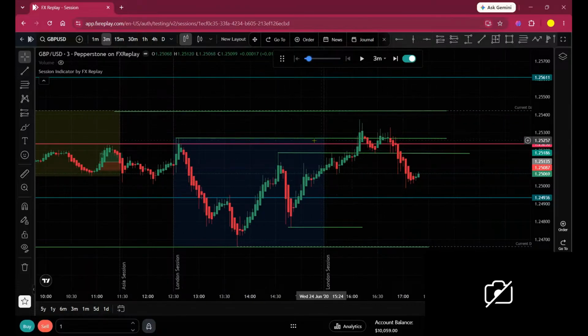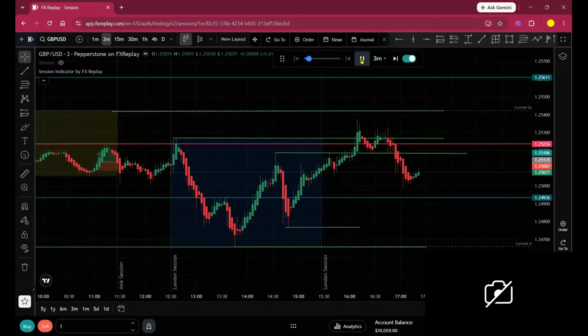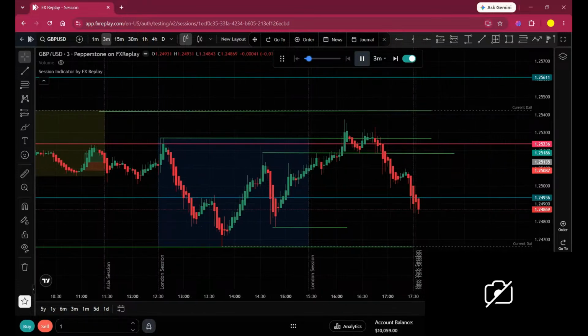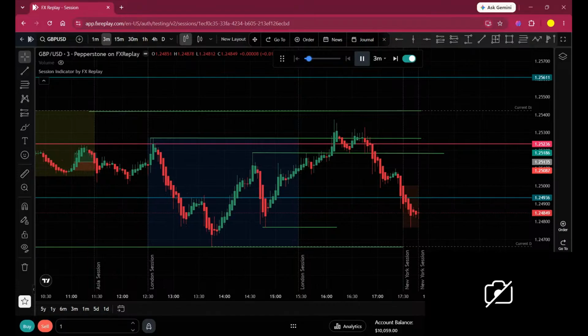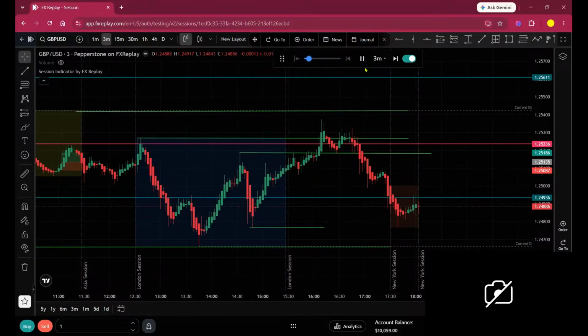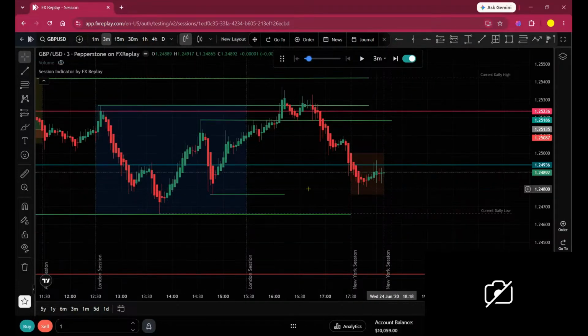Market swept the London high. When this candle formed, again it retraced, then again this candle formed. Now while market has swept, there is a higher possibility that London will fall, and New York will follow the same trend of London. But I will wait for the sweep, then only I will take a trade.